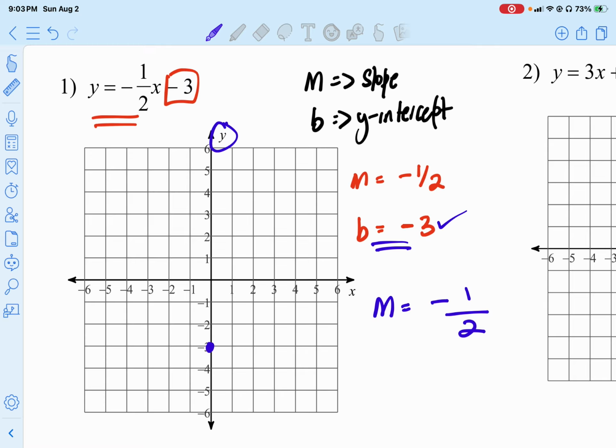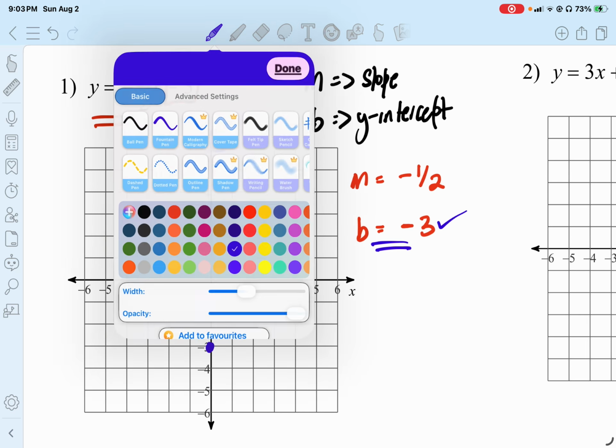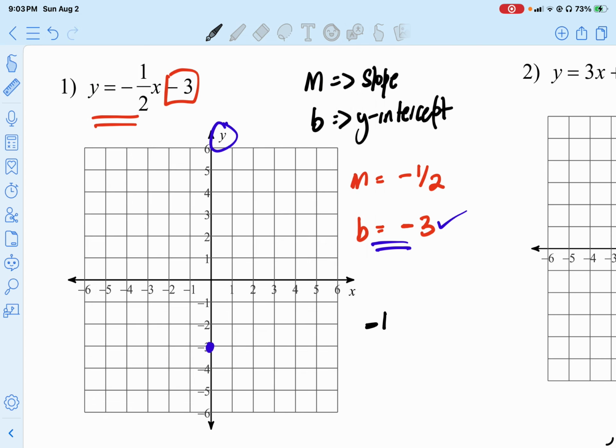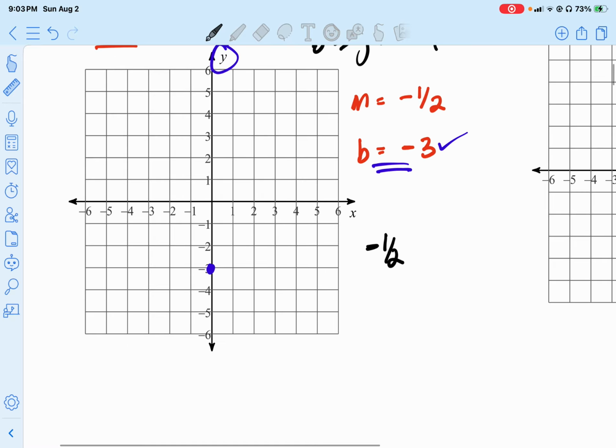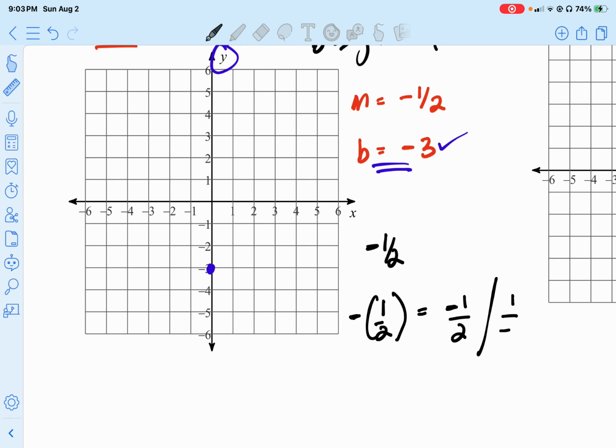Now, let us break down what this means. Before I can break it down, I just want to point out two things. We said that our slope here is negative 1/2. I just want to point out mathematically that negative 1/2 can look different. Negative 1 over 2 is the same as 1 over negative 2.